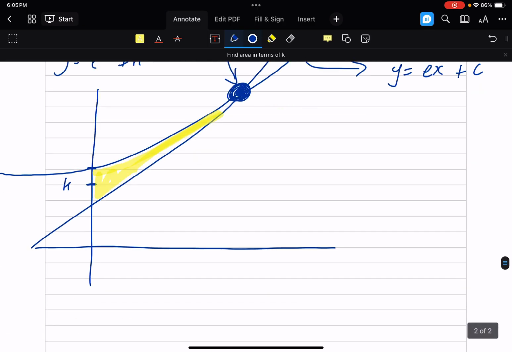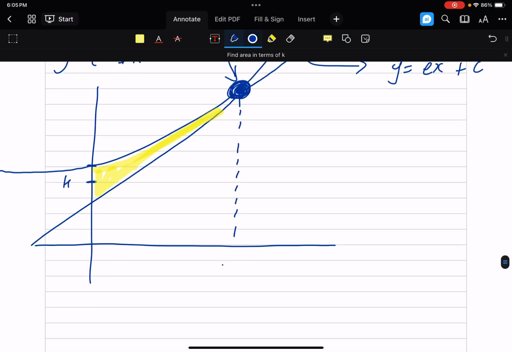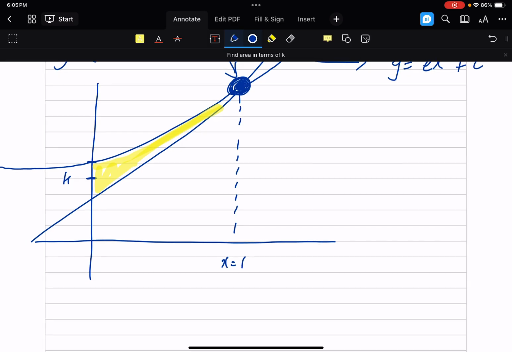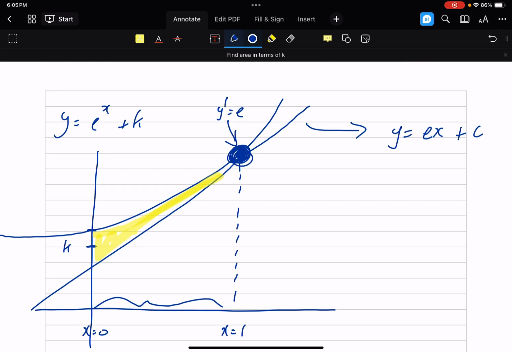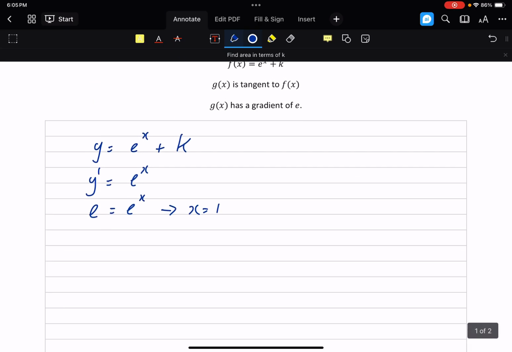So straight away, we know that that point of intersection happens where x equals 1, and we've got the bounded area with the y-axis. So we've worked out our integration bounds, which is great. Now we need to find this as a point so we can find our tangent function.